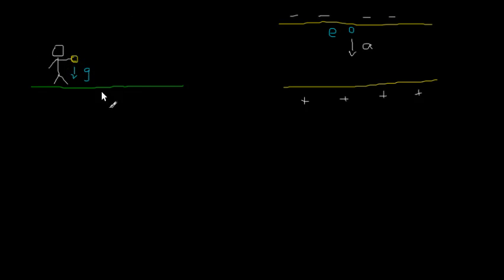So in this region where we normally carry out our activity, the gravitational field is uniform.